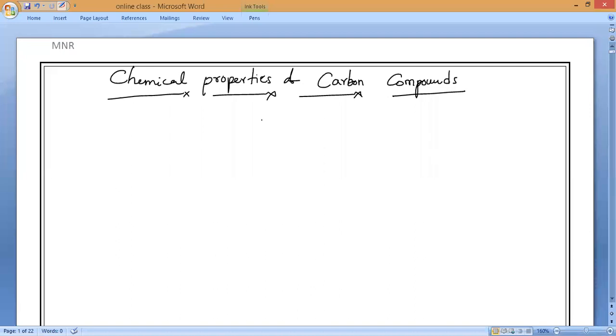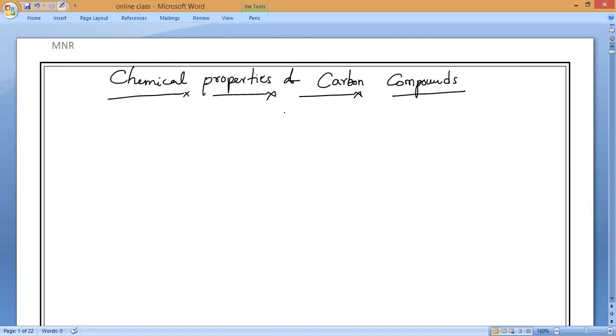Till now, we have studied what carbon compounds are, the allotropes of carbon like graphite, diamond, and the fullerenes, and the types of carbon compounds, like hydrocarbons and their derivatives: ketone group, carboxylic acids, aldehydes. These are all the functional groups we studied in the previous classes.